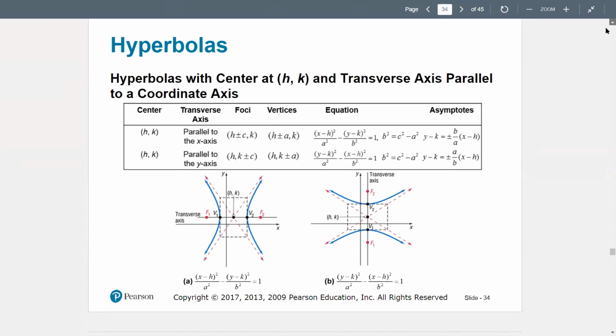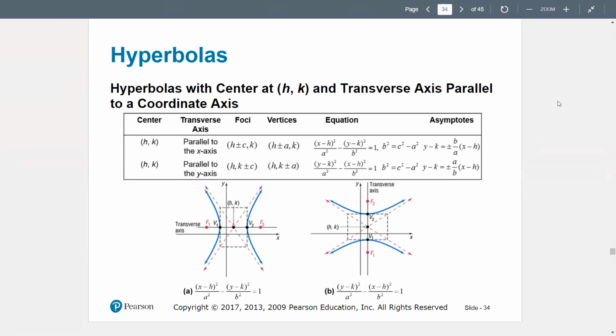I recommend writing down the table, whether you do it now or when you watch the video. It is recommended to have the table available to you while you work through these problems. You can see they have a nice hand-drawn diagram for you for each set.